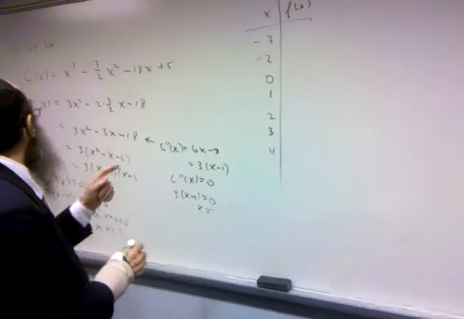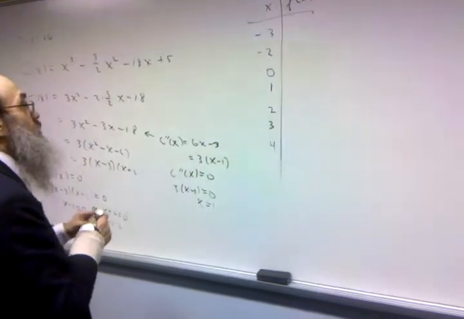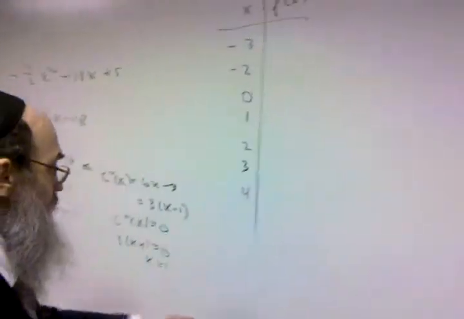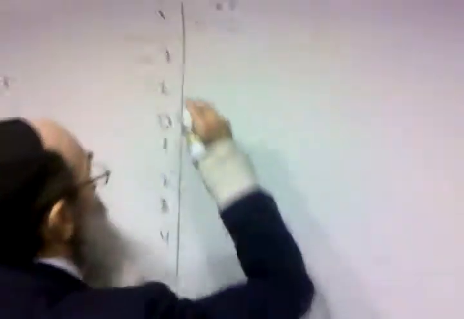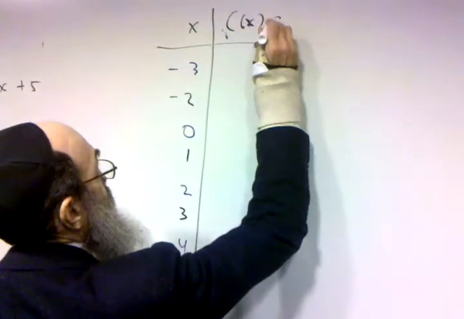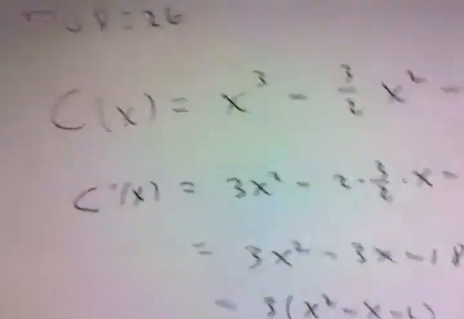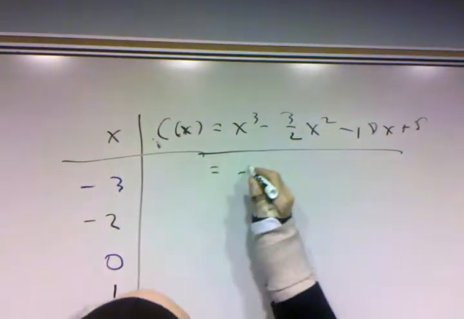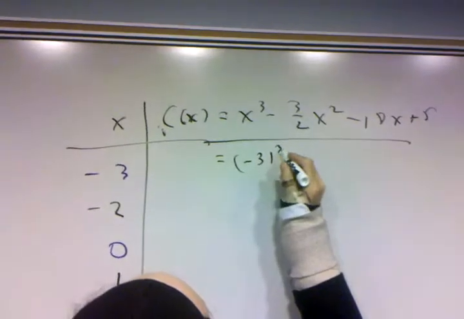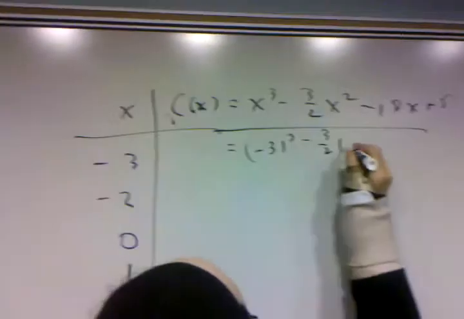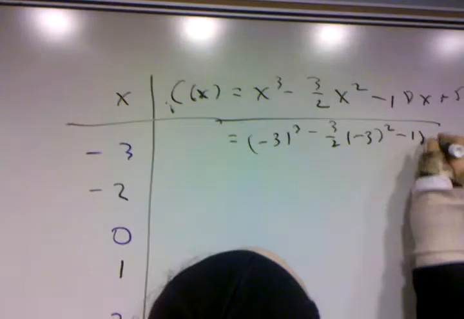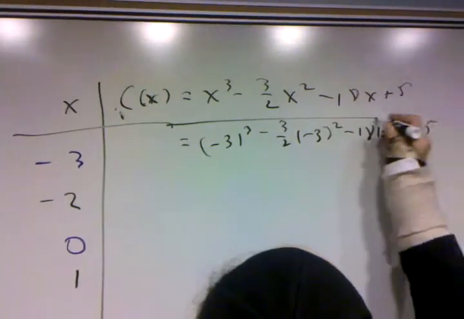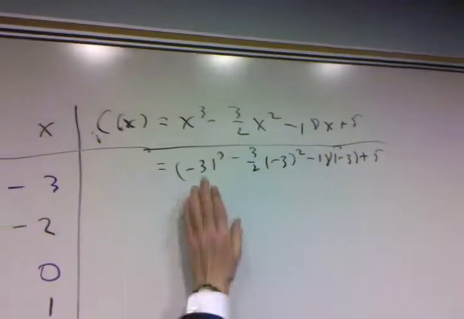So we put in negative 3 for x. Let's compute this. I wrote f of x, that's an error. It's called c of x. This equals x cubed minus 3 halves x squared minus 18x plus 5. Now the computation: negative 3 cubed minus 3 halves times negative 3 squared minus 18 times negative 3 plus 5. This is negative 27.